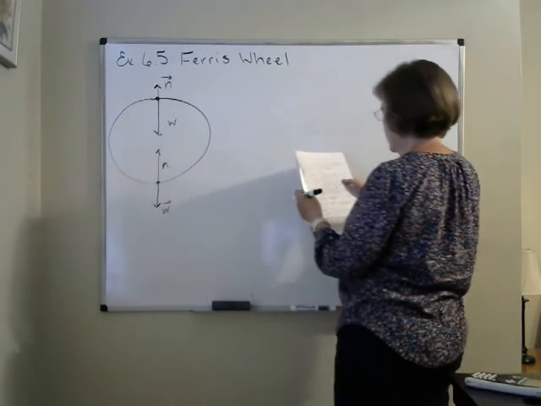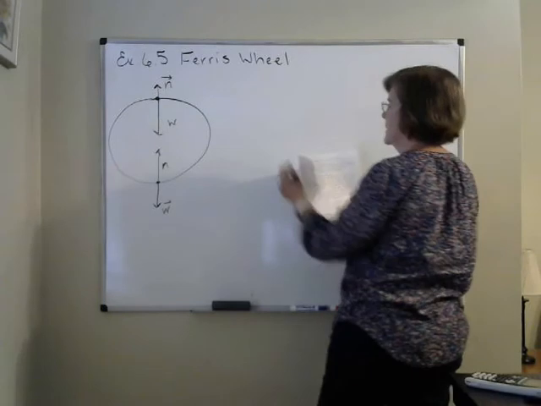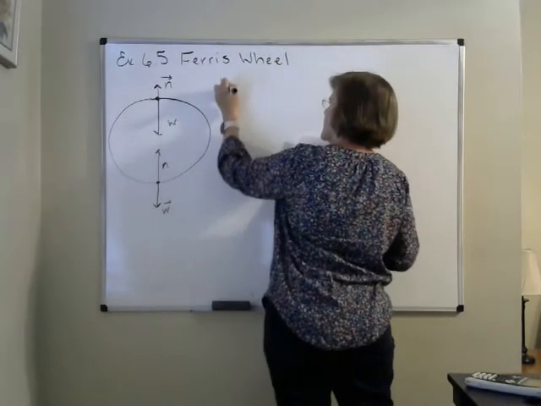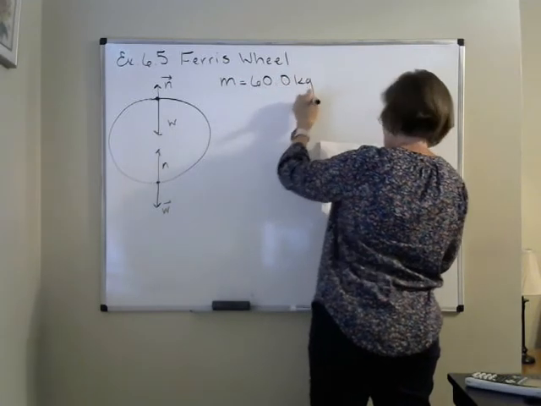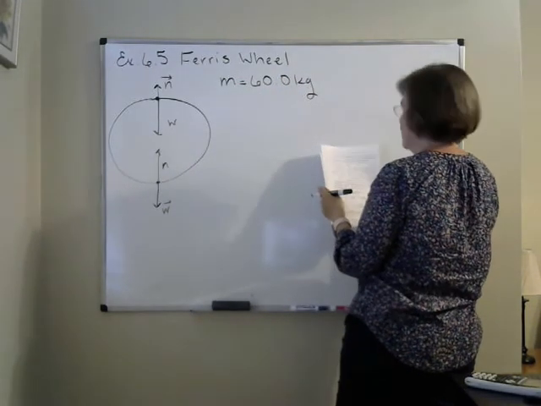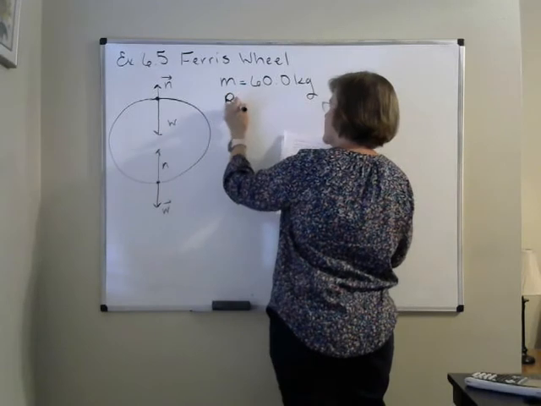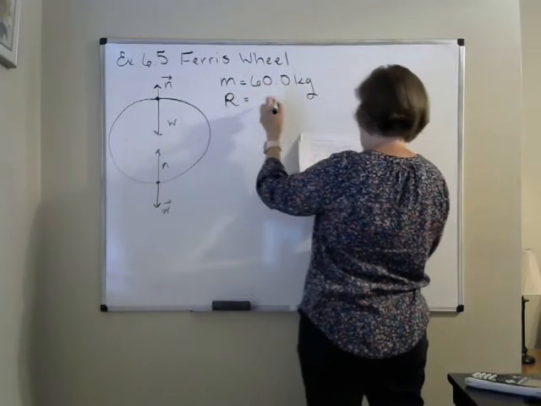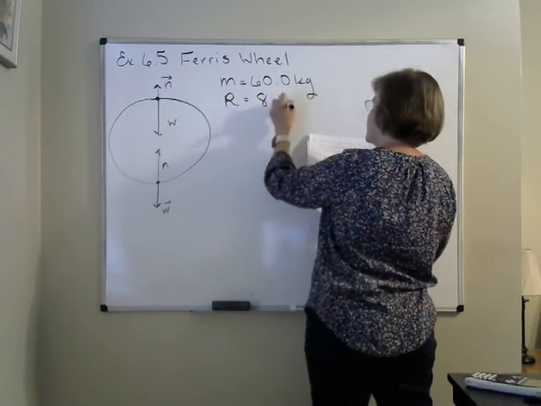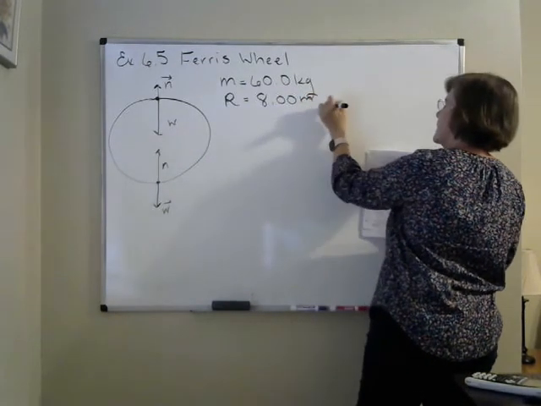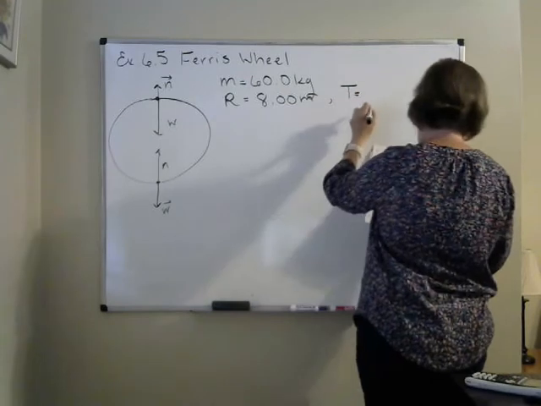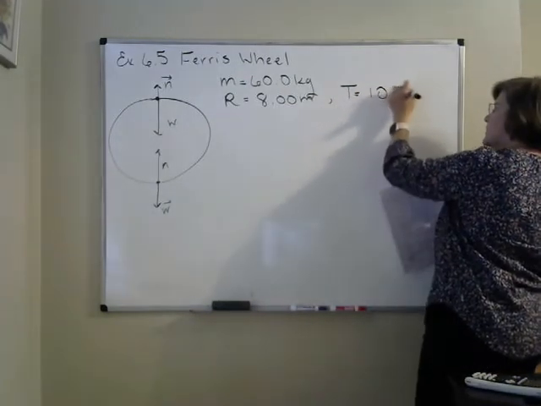Let's suppose in this particular example, we have a 60-kilogram passenger on the Ferris wheel, and the Ferris wheel has a radius of 8 meters and a period of 10.0 seconds.